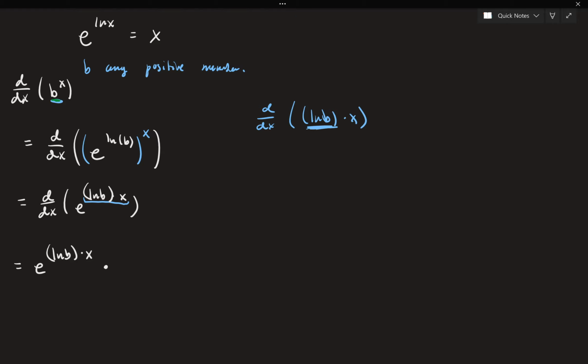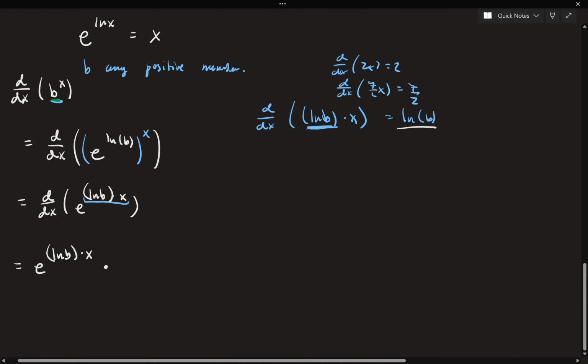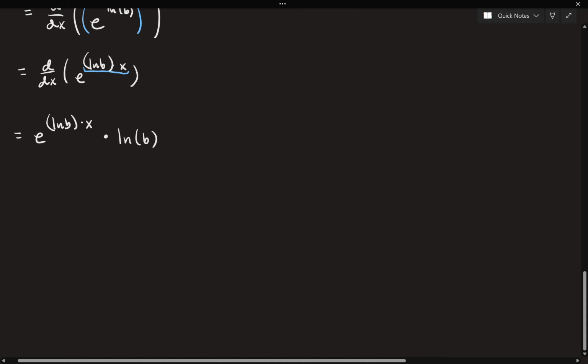Isn't it just the coefficient? Isn't it just ln b? Because the derivative of 2x is 2. The derivative of 7/2 x is 7/2. So ln b times x, ln b is just a number. So I just get that number back. So then I get times ln of b.